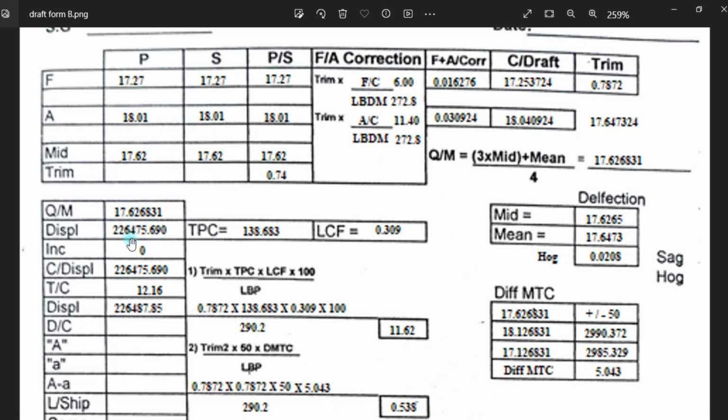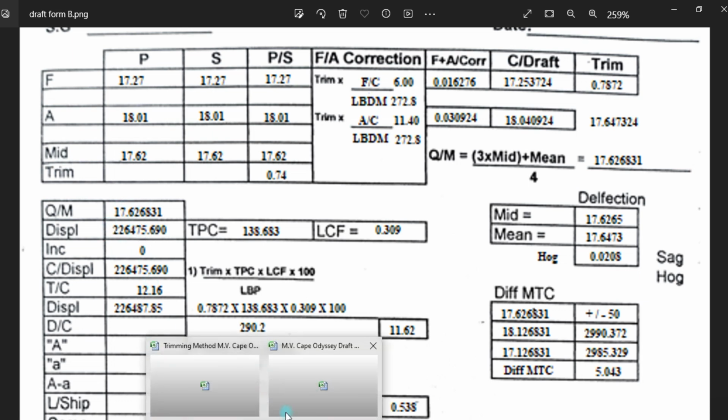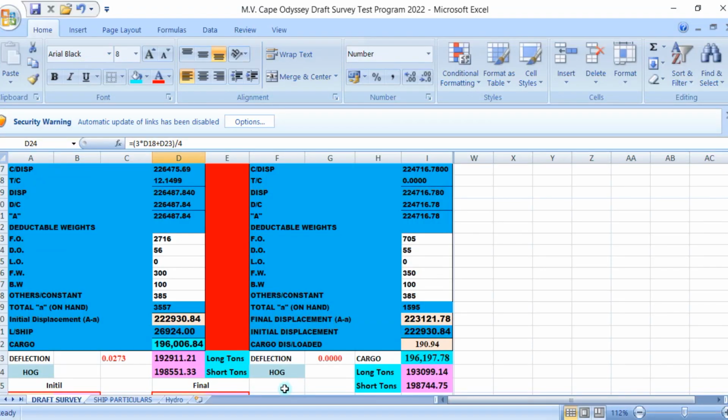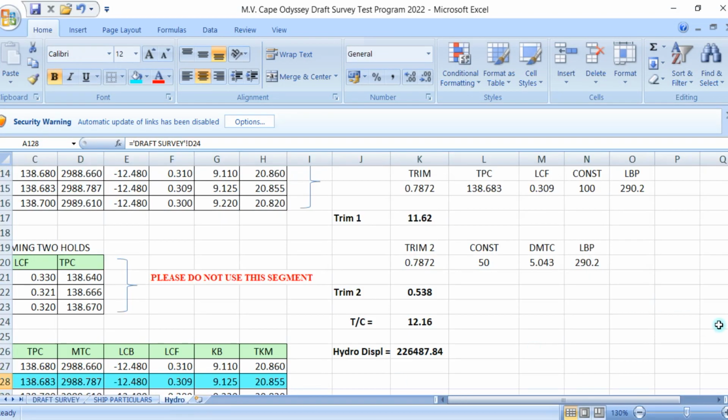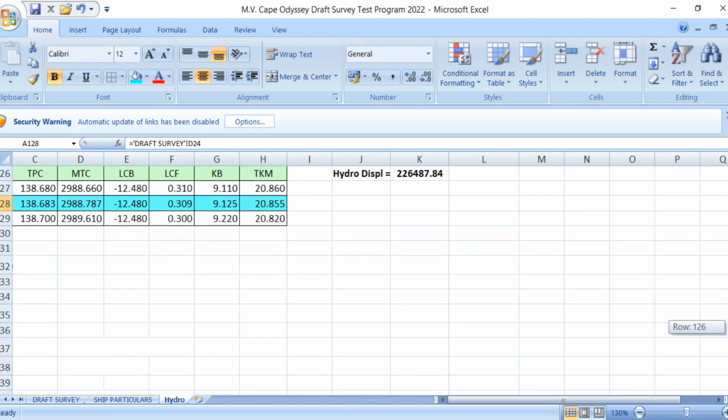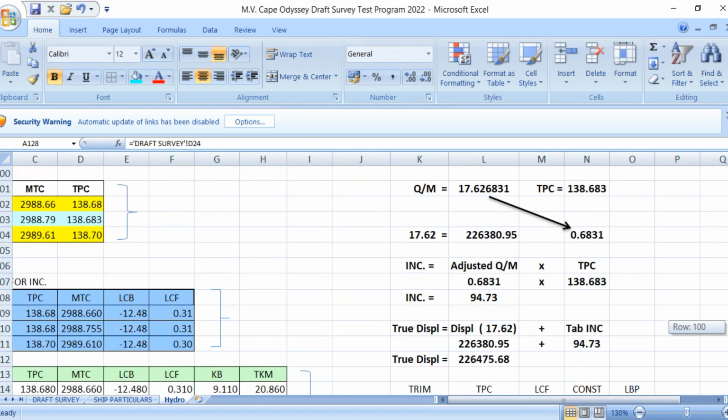So by interpolation with your program, you can get this.